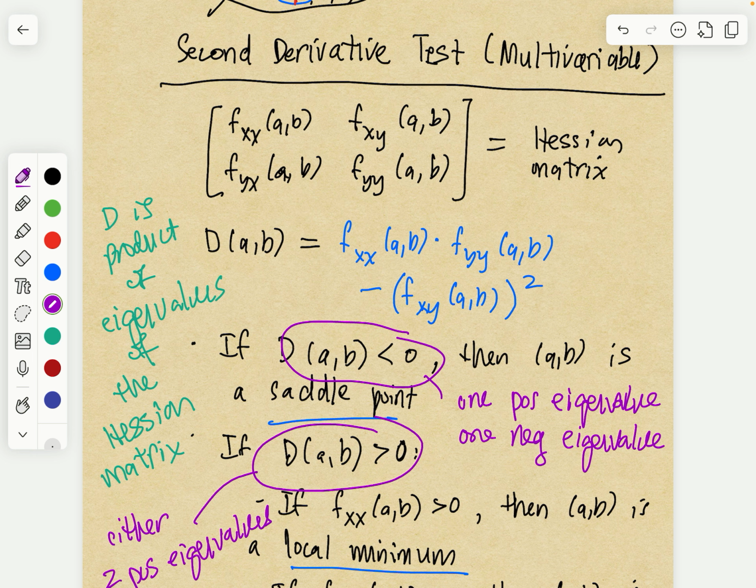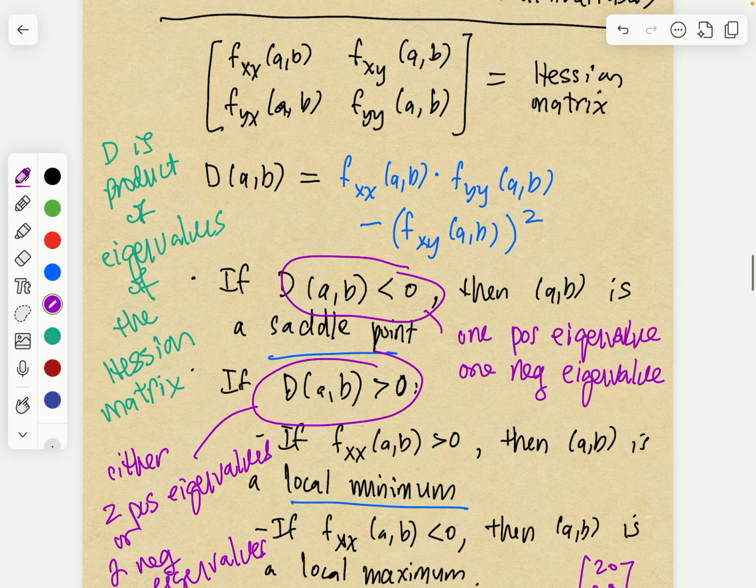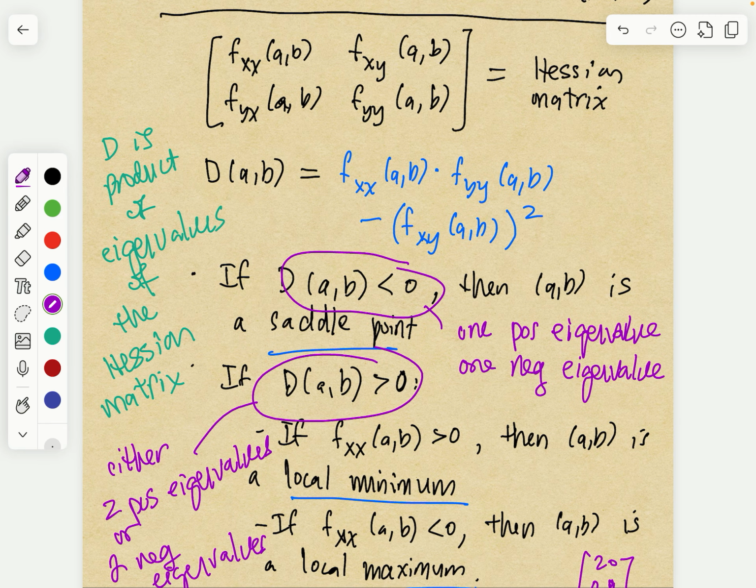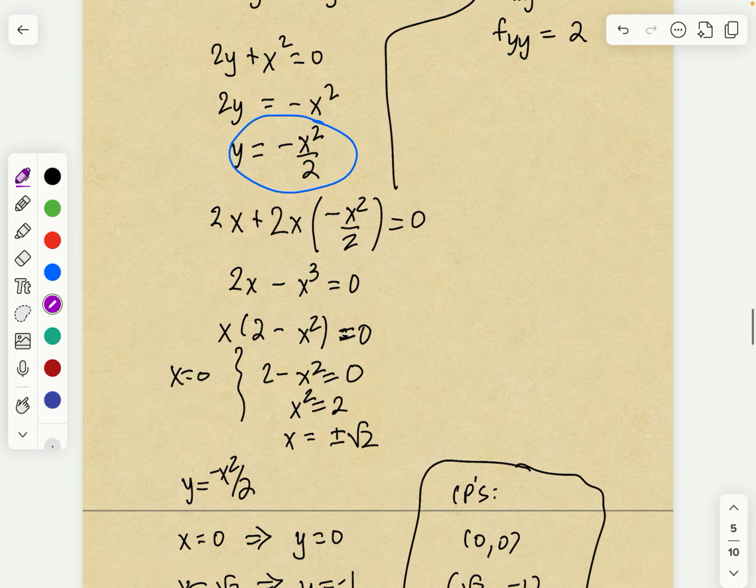So you get 9 second order partial derivatives, but the theorem is still the same. You have a local max, a local min, or a saddle point, depending on whether this 3 by 3 matrix is positive definite, negative definite, or neither. And there's a criterion for positive definite in terms of the determinants of the matrices.